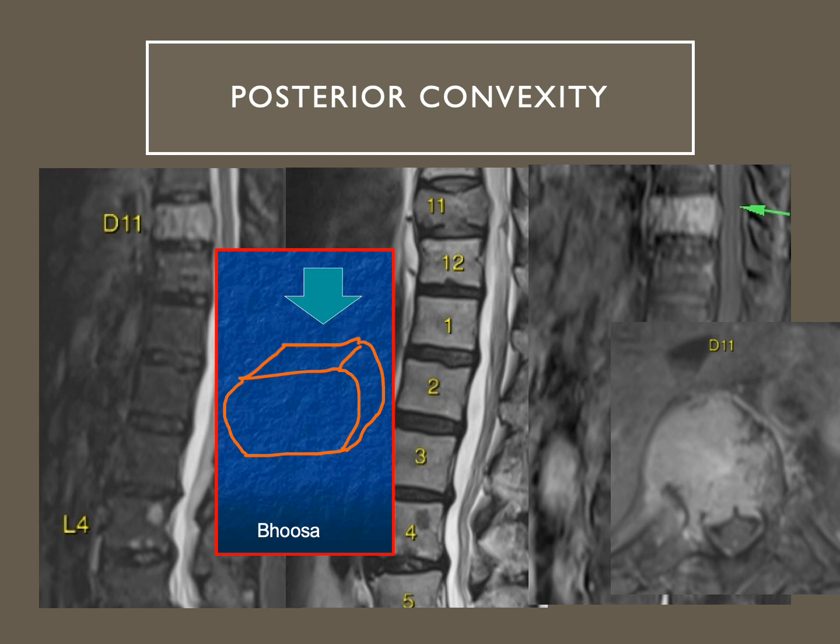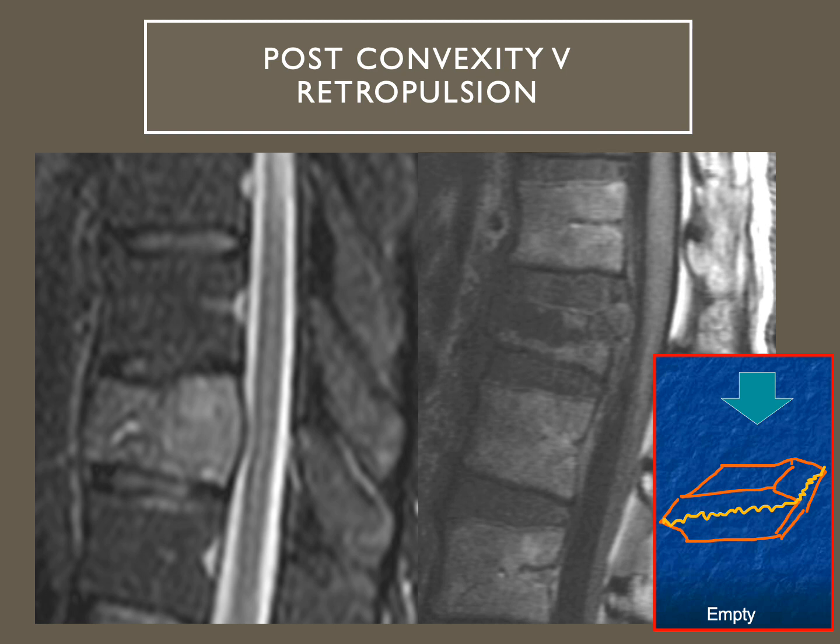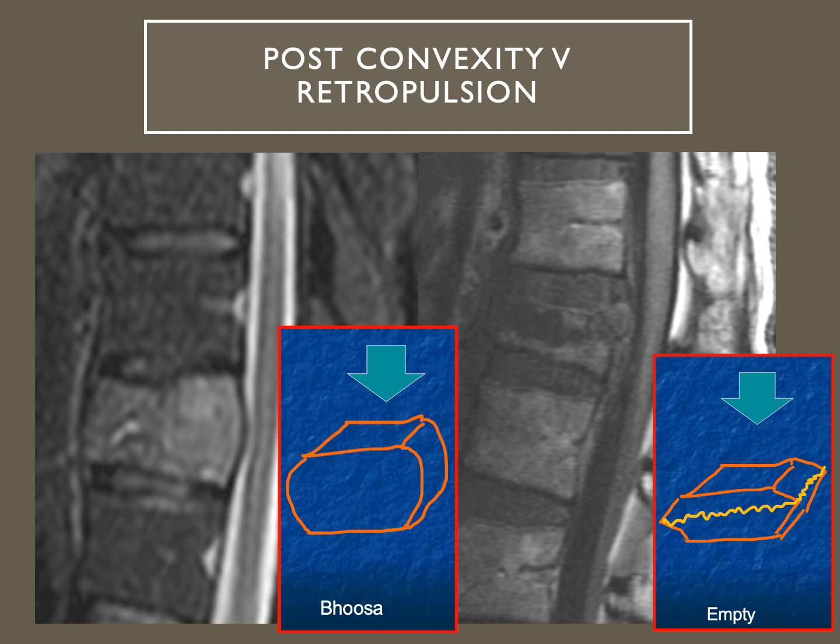What this then looks like is a bulging box, as if you sat on a box full of styrofoam, or as if you're sitting on a bean bag and the whole thing just bulges out. So to differentiate between the two, here you have posterior convexity on the left, and here on the right you have a fracture line with retropulsion. So the empty cardboard box or the osteoporotic fracture is on the right, and the bulging cardboard box or the malignant fracture is on the left.